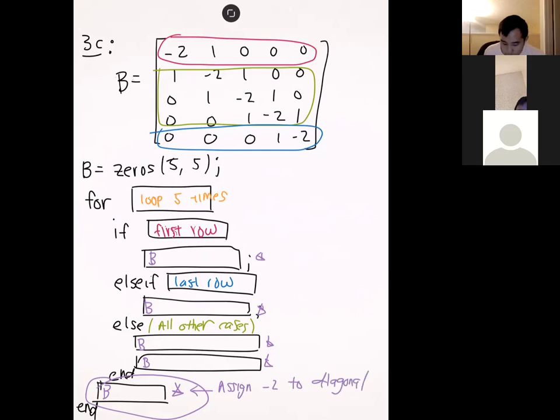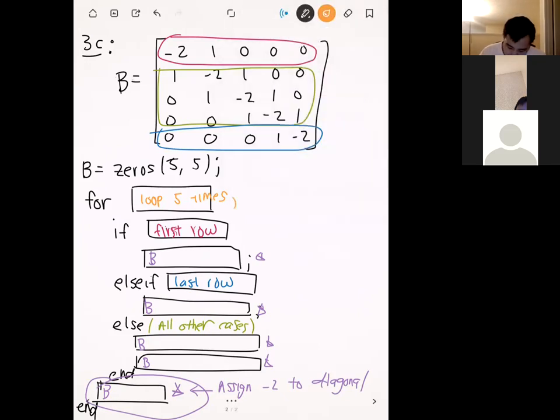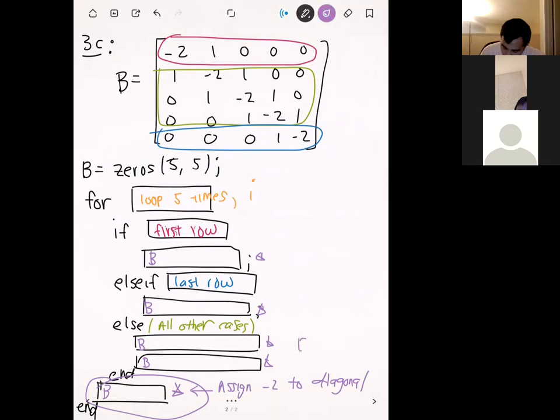The way you can do that is you can actually use the loop index. Let's say that our loop index here is I. One way you can do the last line is you can say B at I, comma I is equal to -2.